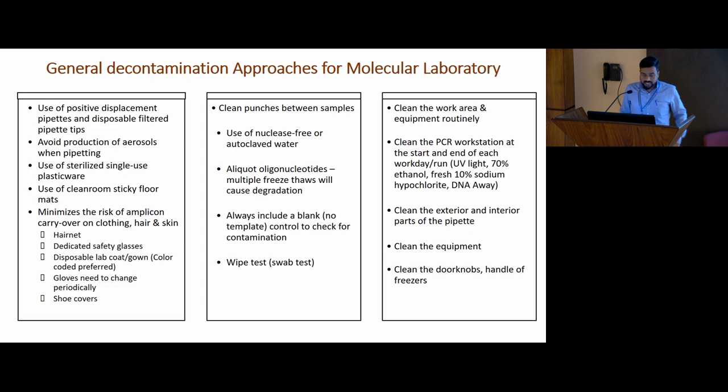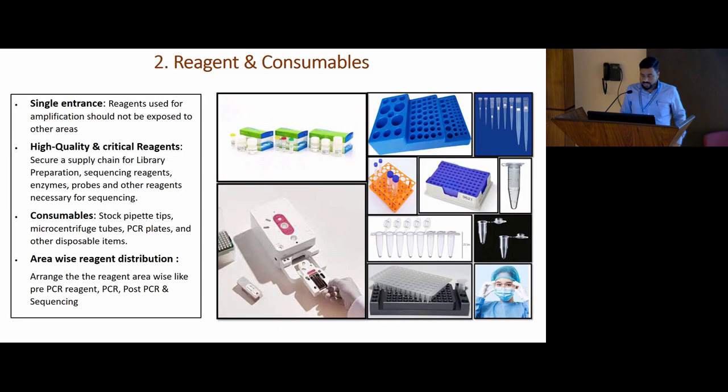Now the reagents and consumables. The single-entrance reagents used for amplification should not be exposed to other areas. High quality critical reagents have to be securely supplied for the laboratory preparations; sequencing reagents, enzymes, probes and other reagents necessary for sequencing have to be maintained properly.